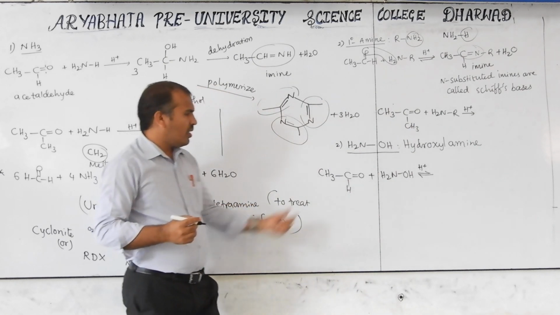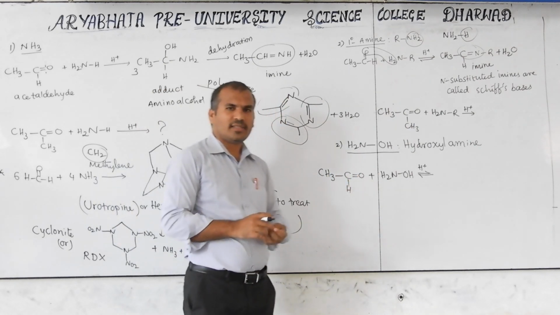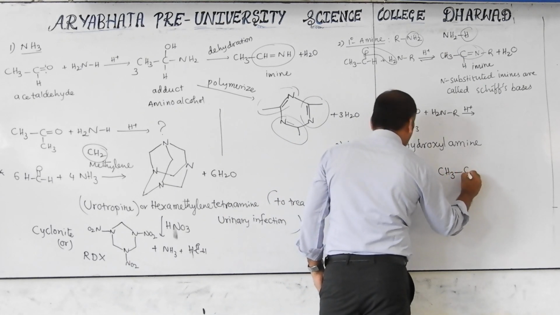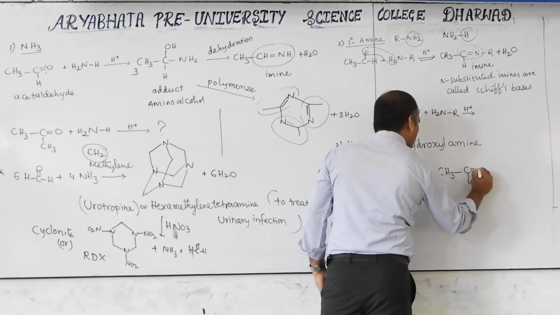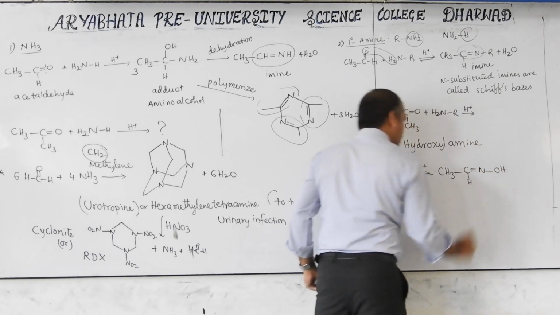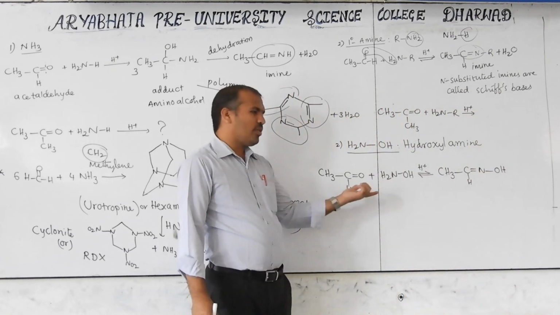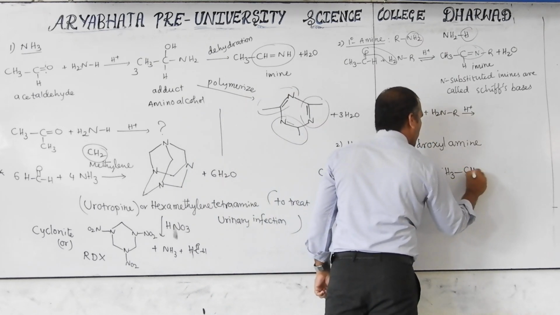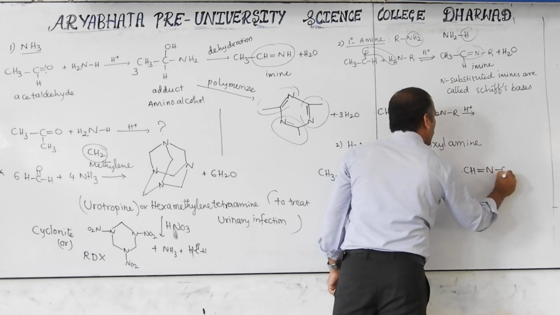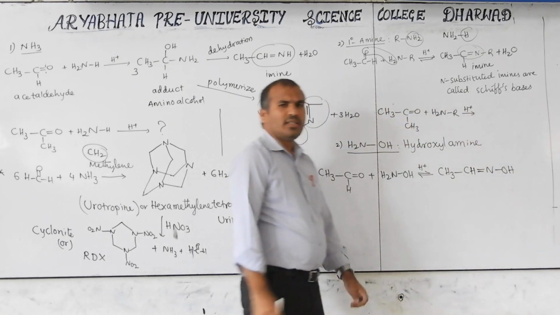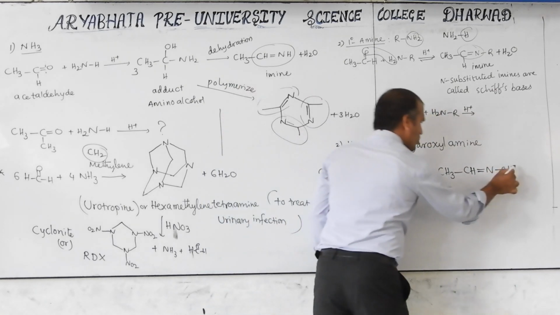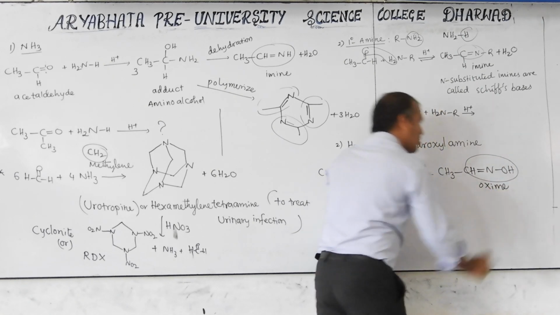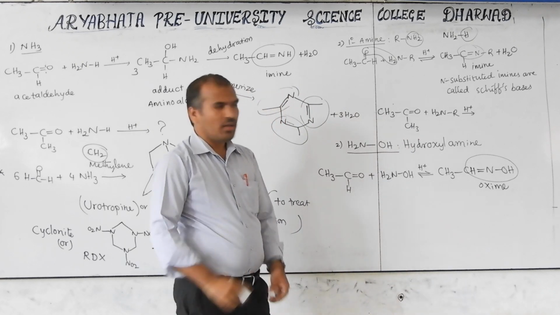This is simple water molecule loss. Then CH3CH double bond NOH is the product formed, otherwise you can write it like this also: H double bond NOH. This group is called oxime. This is also one of the functional groups, oxime.